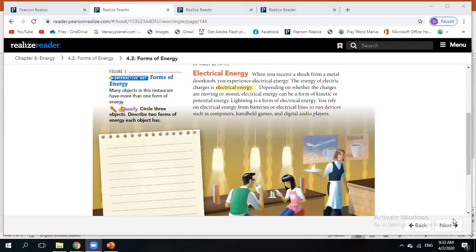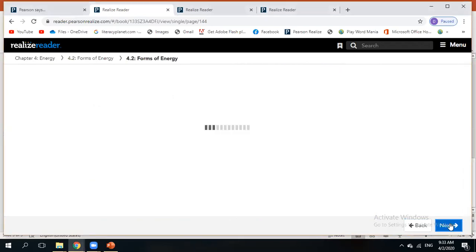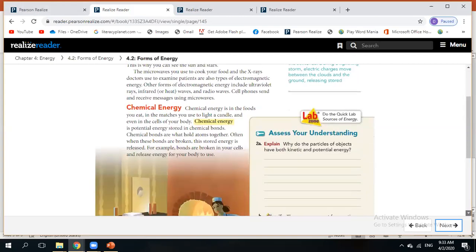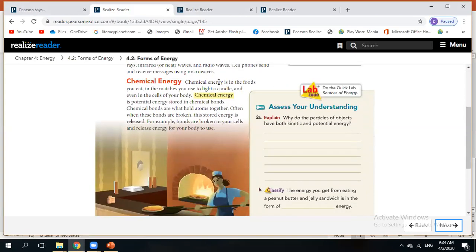Okay, girls, then the next page. Assess your understanding. Why do particles of objects have both kinetic energy and potential energy? Please try to answer this question alone. Take 1 minute.